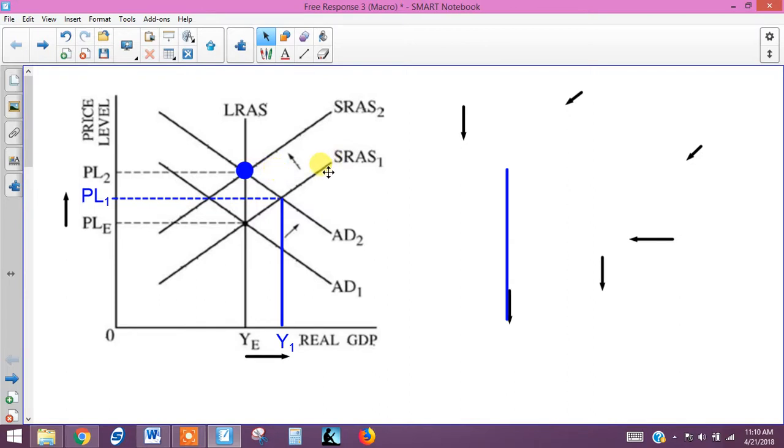Now, why does the short run aggregate supply shift to the left? Well, it shifts to the left because of the higher price levels. The higher price levels are going to cause the cost of supply to go up.